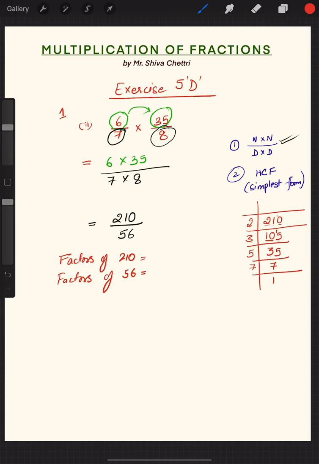So the factors of 210 are 2 multiplied by 3 multiplied by 5 multiplied by 7. Why multiplied? If you multiply all these numbers, you will get 210.